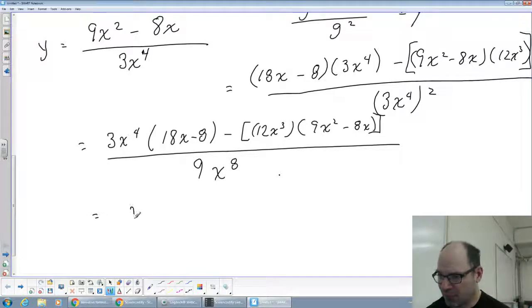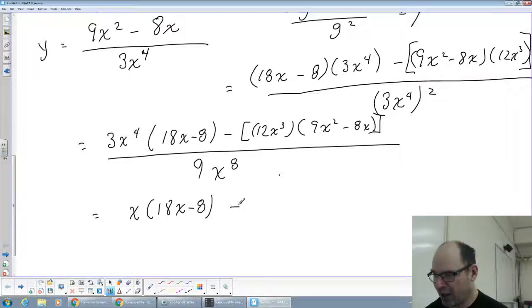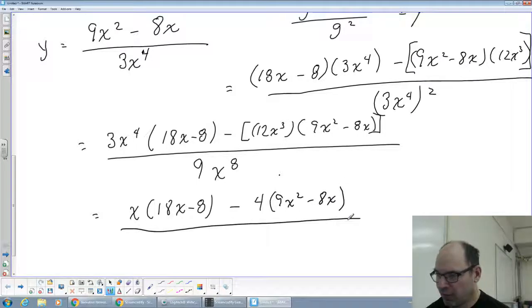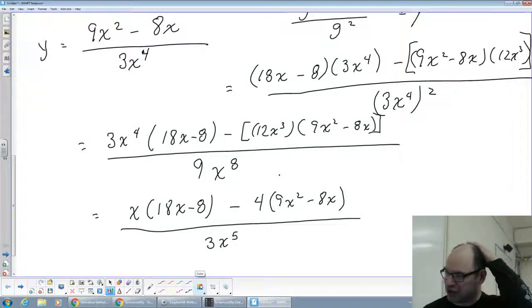So this is going to become x times 18x minus 8, taking 3x cubed out of everything, minus 4 times, because I'm taking the x cubed out. Then I have to take out a 3x cubed. That would be a fairly easy reduction there.